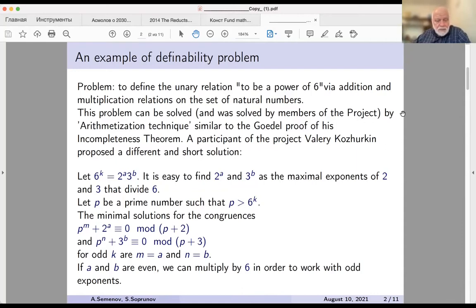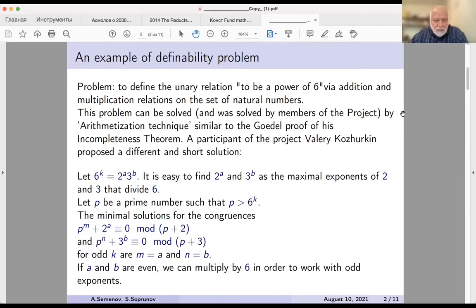So the trick which Valery proposed was to find a big prime number, any big prime, just greater than 6 to the k. And then simple congruences: p to the m plus 2 to the a equals 0 modulo p plus 2, and similar for 3.